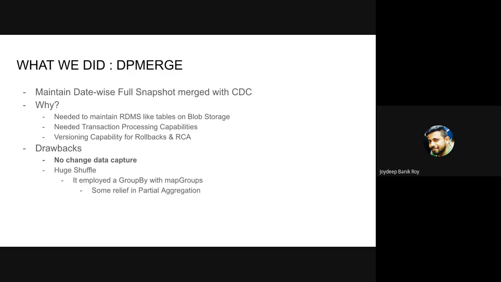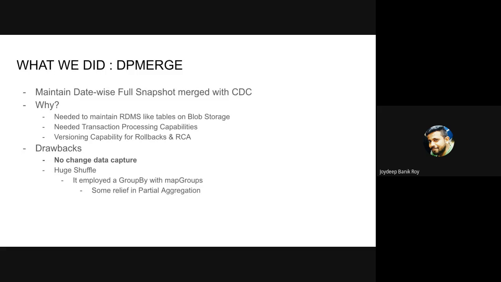So there was a notion, although implicit, of transaction processing. You can think of all the updates that are happening, the CDC or change data capture, the change data, as being the updates on the snapshot. And we would maintain entire snapshots of different days to emulate this transaction processing.